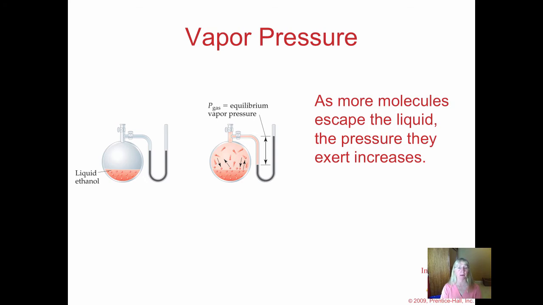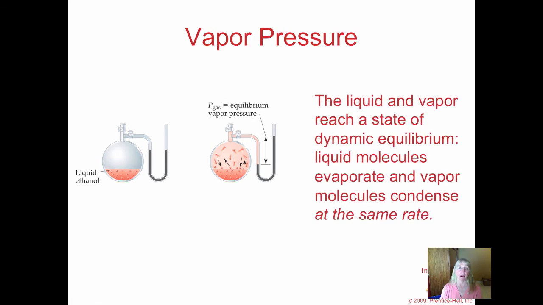But over time, the rate at which molecules are going from liquid into gas becomes equal to the rate at which gas molecules enter back into the liquid phase. So you reach an equilibrium, and we call that the equilibrium vapor pressure, when the rate at which liquid molecules evaporate and vapor molecules condense are the same.